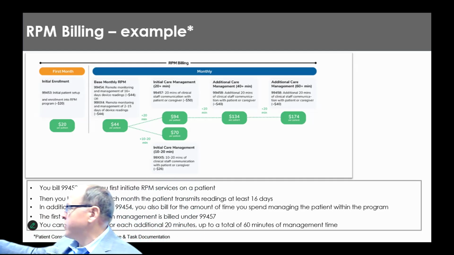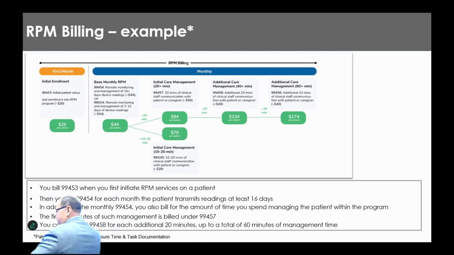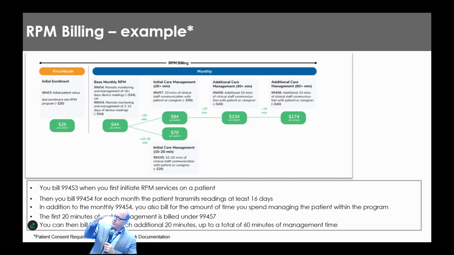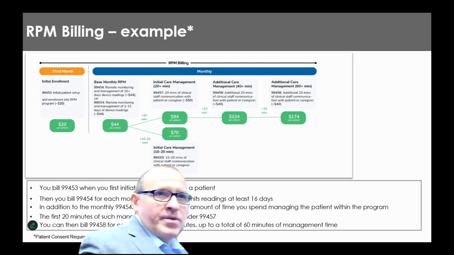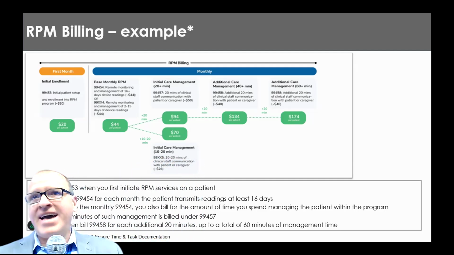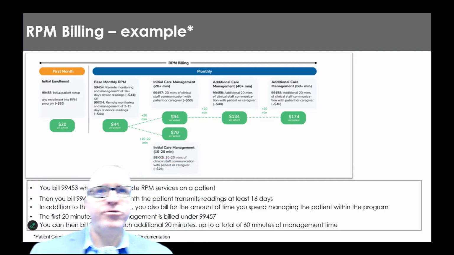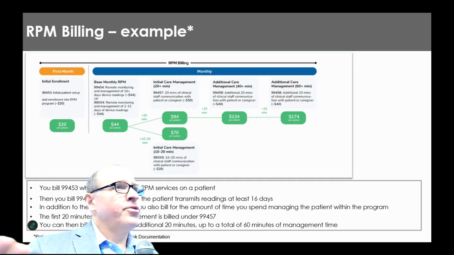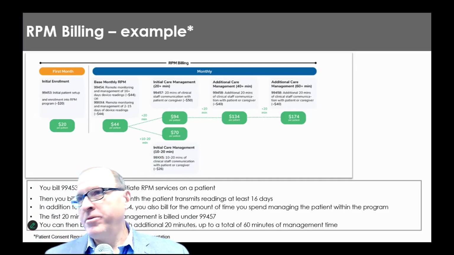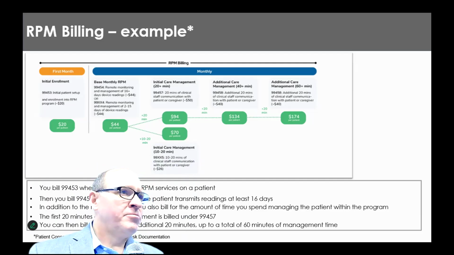So that's where in 26, you'll see down here there will be a code that allows you to bill for 10 up to 20 minutes. It will help meet that gap in the current codes, where I'd spend 30 minutes a month pretty reliably helping Mr. Jones out, but I'm only able to bill for 20 minutes of my time.